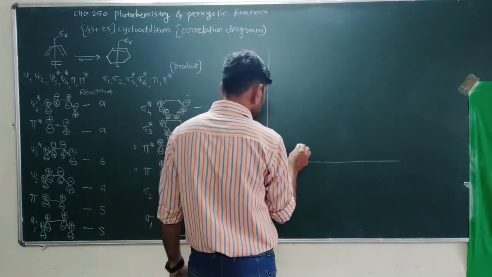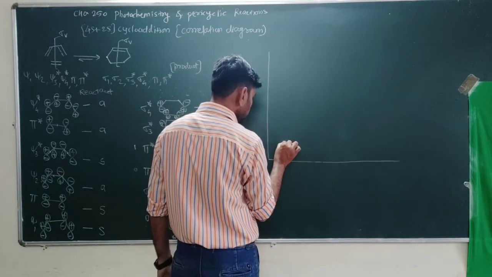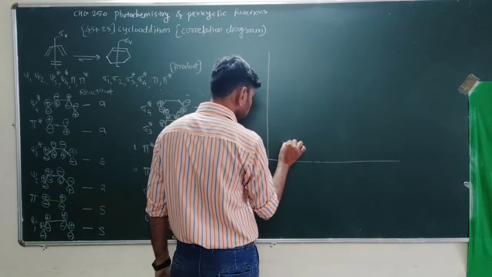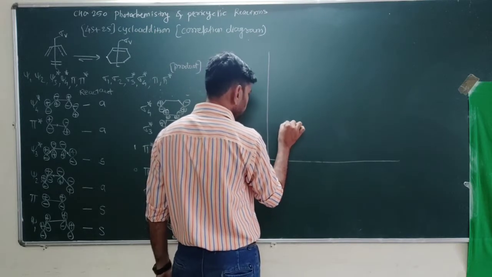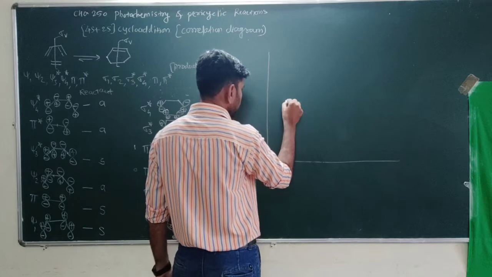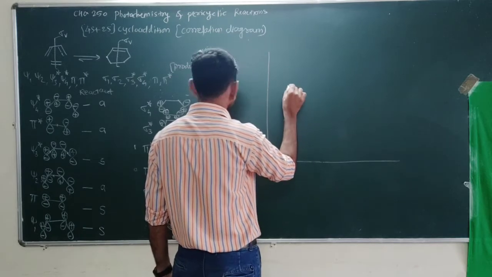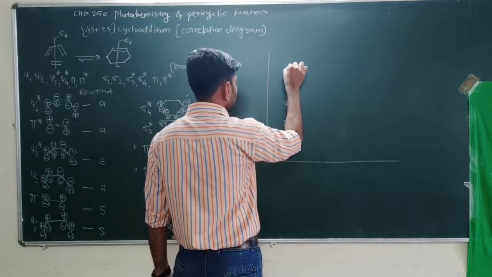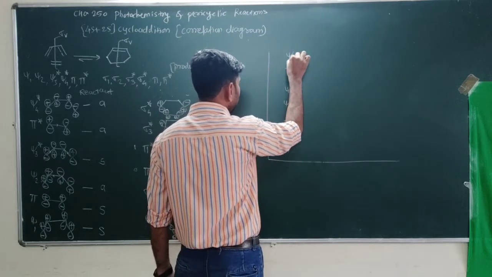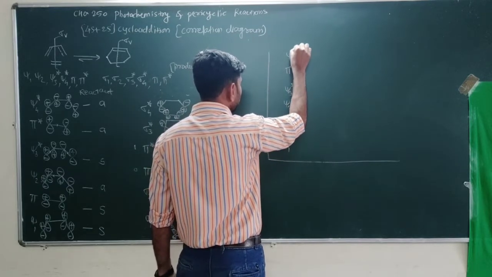I am writing here the reactant orbitals first: psi 1, here pi, psi 2, psi 3 star, pi, and psi 4 star.